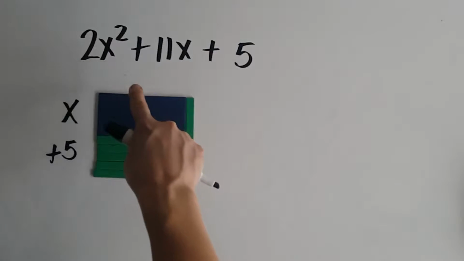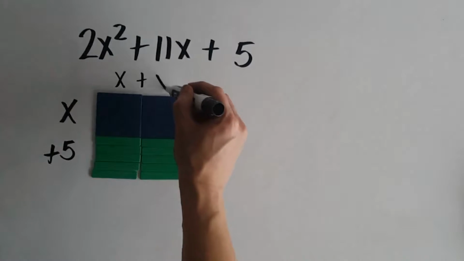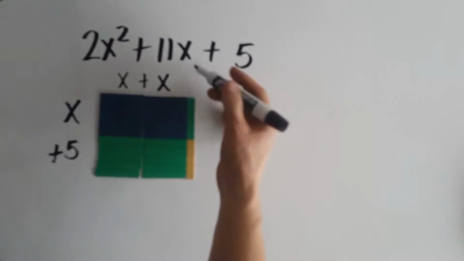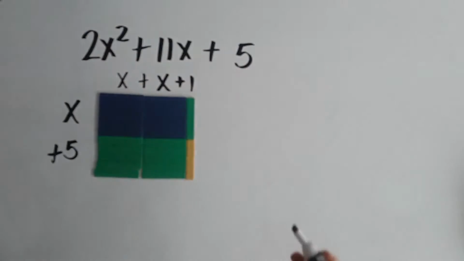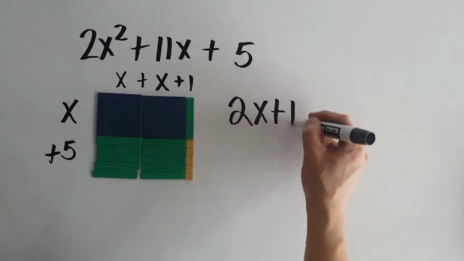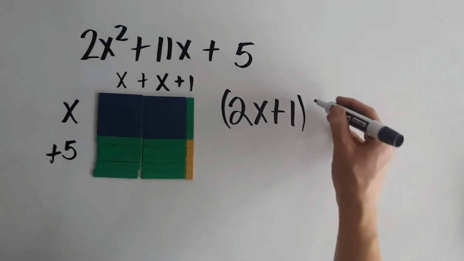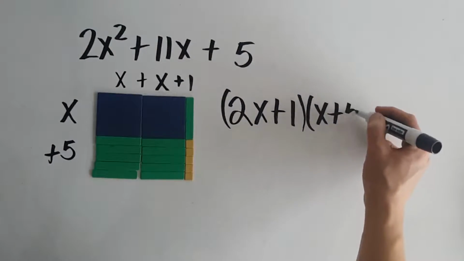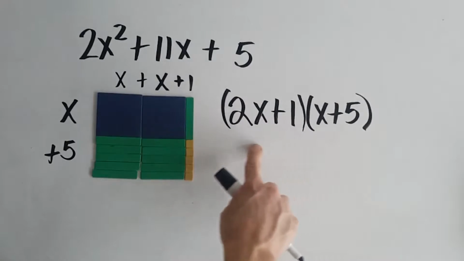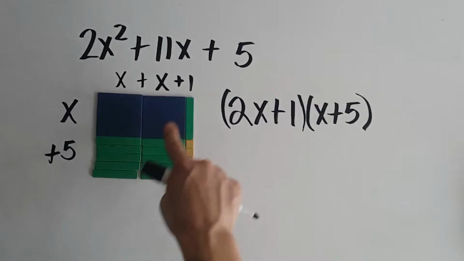This length would be x, this would be another x, and then this is just a single length of 1, so I have a plus 1. If I simplify these expressions, I would get 2x plus 1 for the top and x plus 5 for the side. So these would be the two factors that multiplied to give me this trinomial.